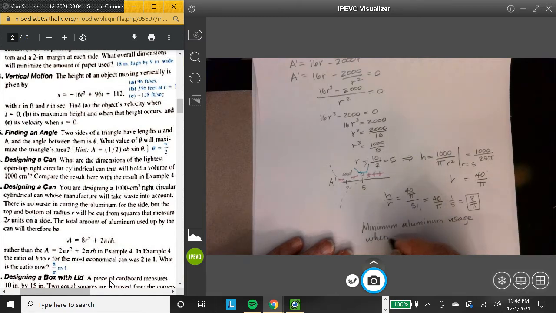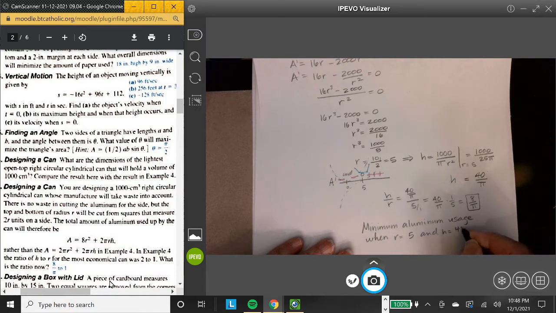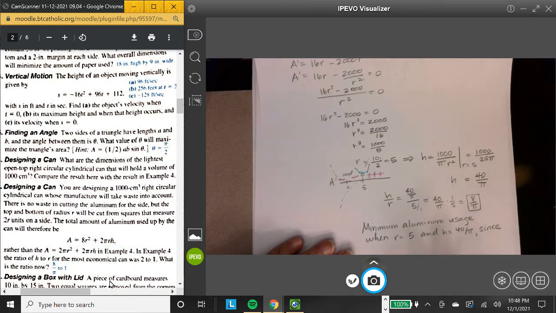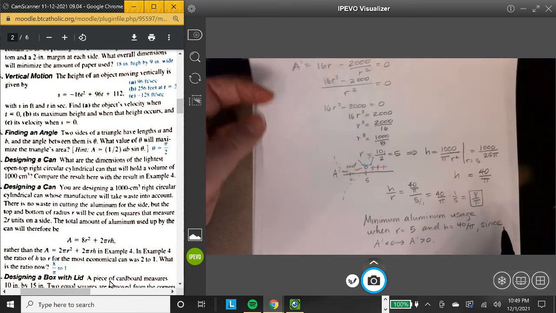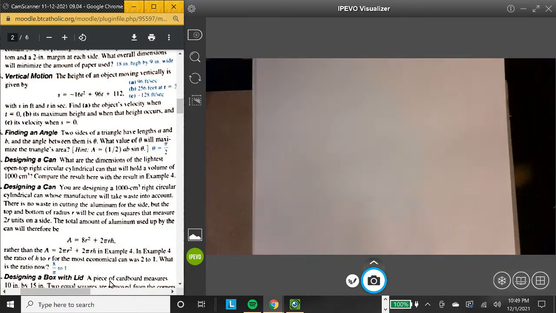When r equals 5 and h equals 40 over pi, since a prime is less than 0 and goes to a prime is greater than 0 at those two values, okay? But the question's asking for the ratio of h to r, so that's why it's a weird number, 8 over pi. All right, number 20.